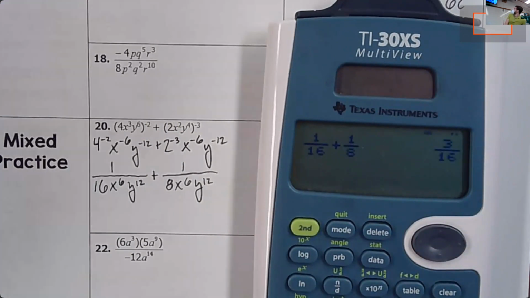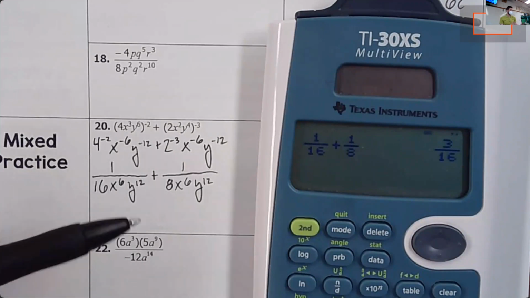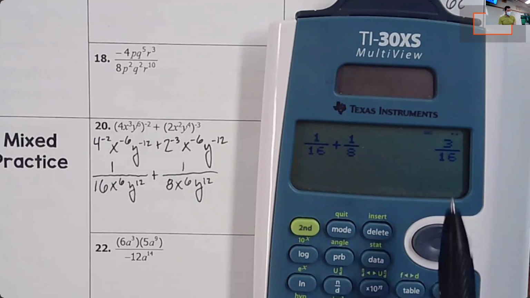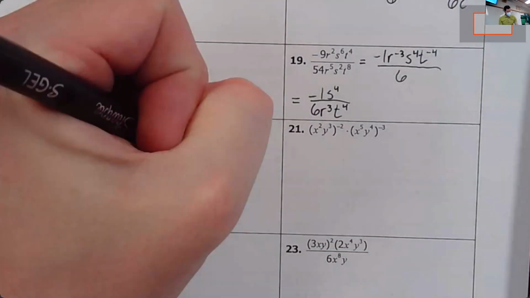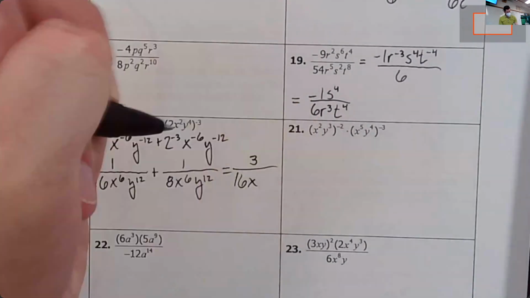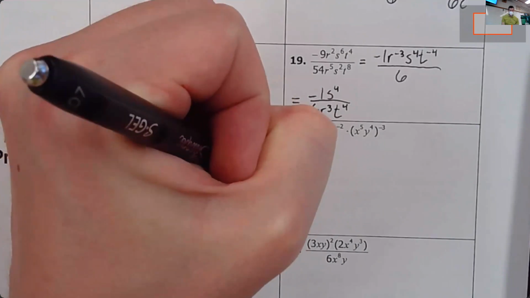So we're only adding the coefficients, just like we normally would. And just because it's a fraction doesn't mean the rules change. The rules are exactly the same. So 1/16 plus 1/8 equals 3/16. So our final answer then is going to be 3 over 16 x to the 6th, y to the 12th.